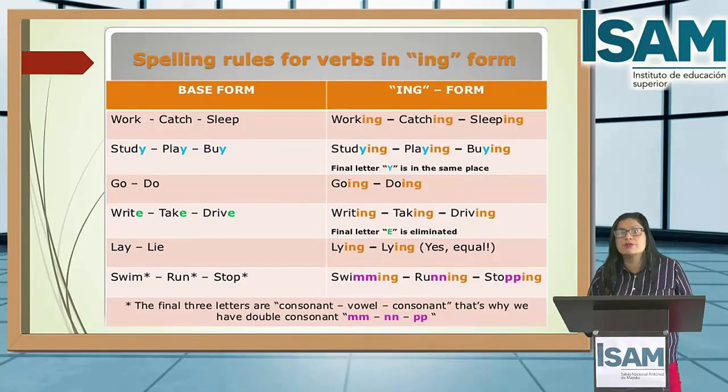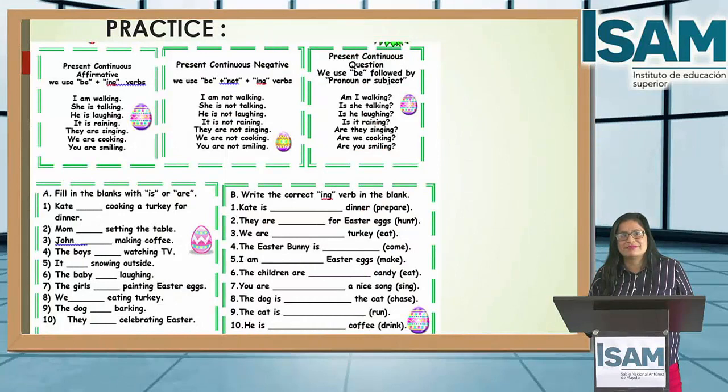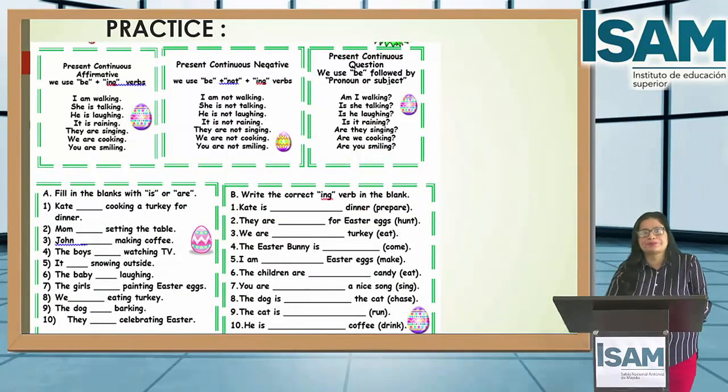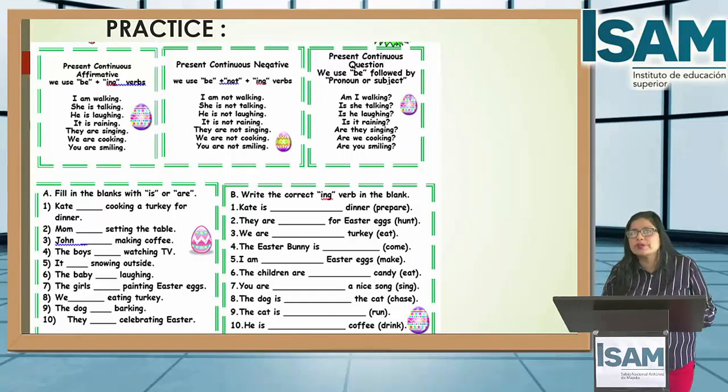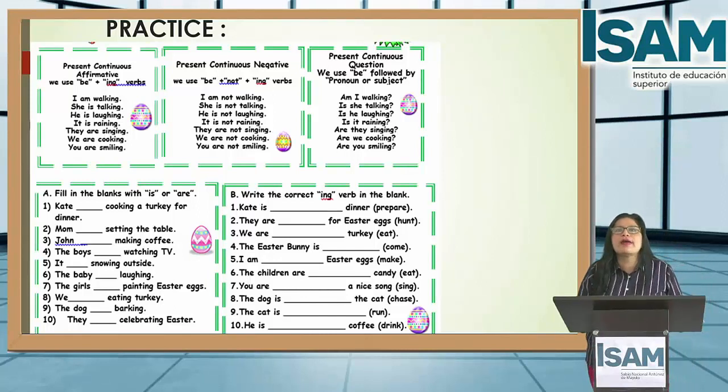Okay, it's important. You have to know this spelling and rule. Then, let's practice. You have here affirmative, negative, and interrogative form. Yes? You have letter A and letter B. Some examples. Observe, student, and then I'm going to show you the answer, right? Here, fill in the blank with is or are.